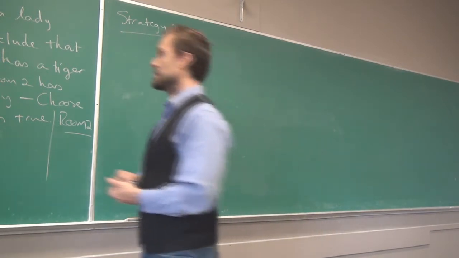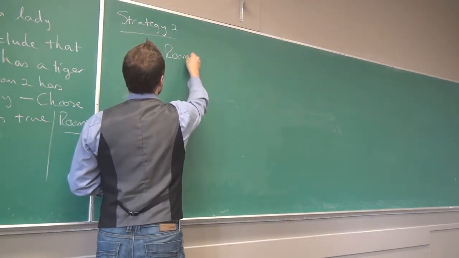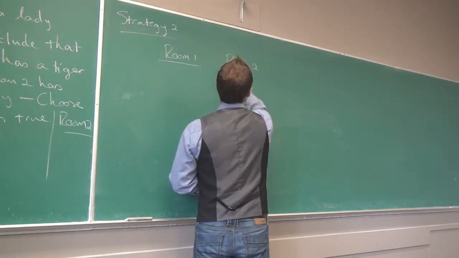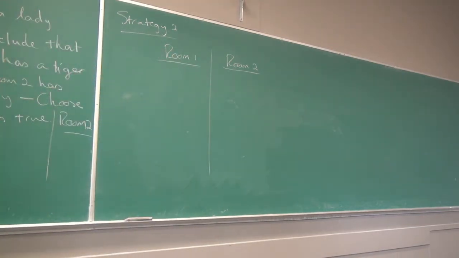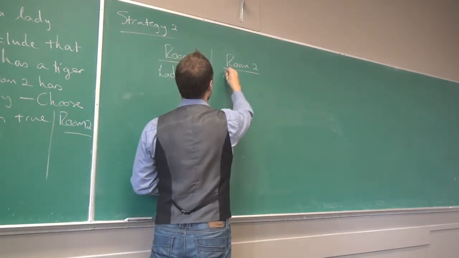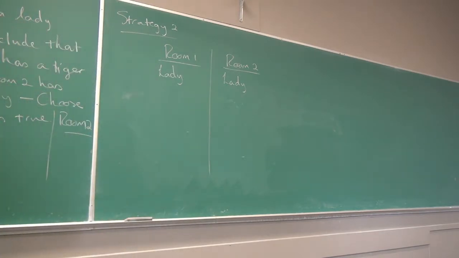An alternative of what we could do is say, let's say here room 1 and room 2. We only have 2 rooms. So what if we say, well, let's just look at all the possibilities of what could be inside these rooms. Best case, there's a lady in room 1 and a lady in room 2. It's the prisoner's lucky day if that happens.